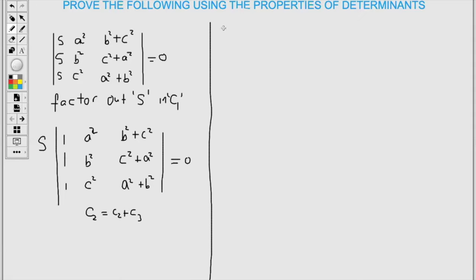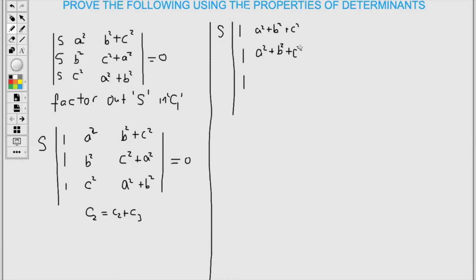So I'll have my S, then my first column 1, 1, 1. Then I have a squared plus b squared plus c squared because I'm adding column 2 plus column 3. And it will be the same case here where I add b squared plus c squared plus a squared, but I'm just arranging these to have a squared plus b squared plus c squared.